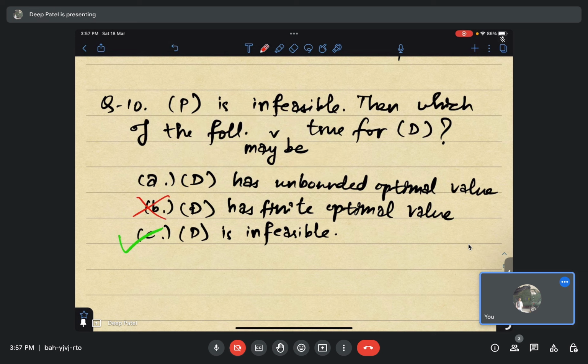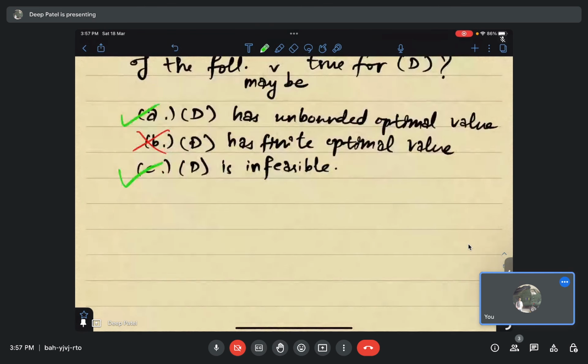This is basically the theorem that we derived in the class. Another possibility is that the dual is unbounded. This is just the result we have seen in the class. Okay. Now a slightly numerical problem.